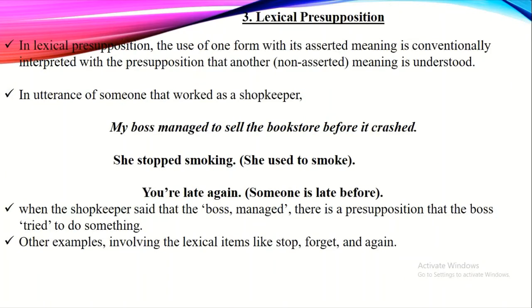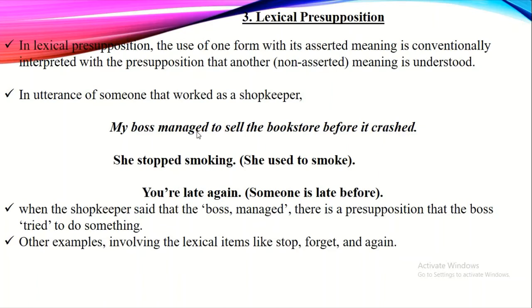The next type of presupposition is lexical presupposition. In lexical presupposition, the use of one form with its asserted meaning is conventionally interpreted with the presupposition that another, non-asserted meaning is understood. In the utterance of someone who worked as a shopkeeper, "My boss managed to sell the bookstore before it crashed."